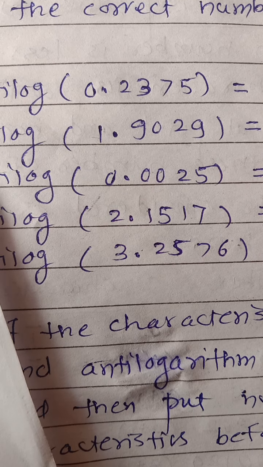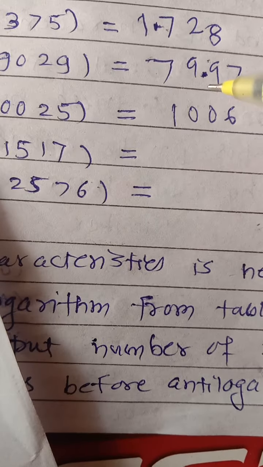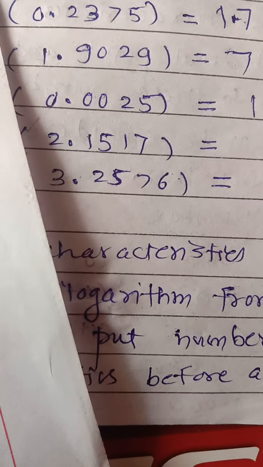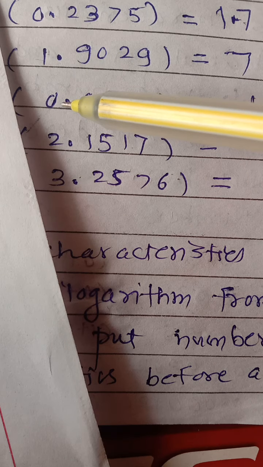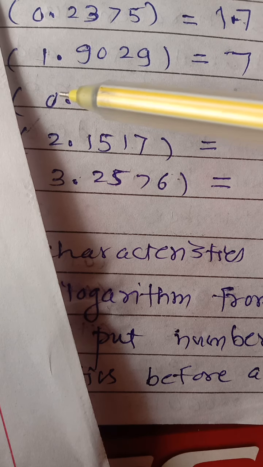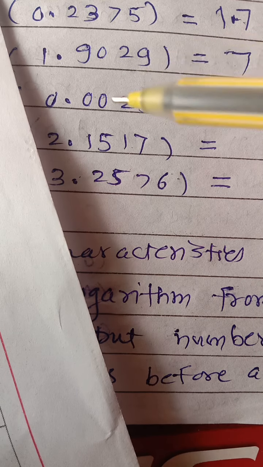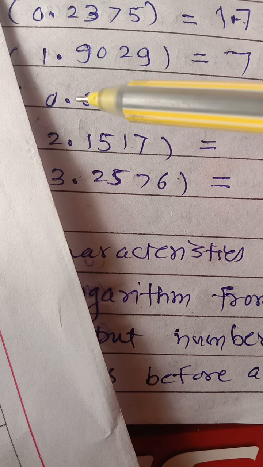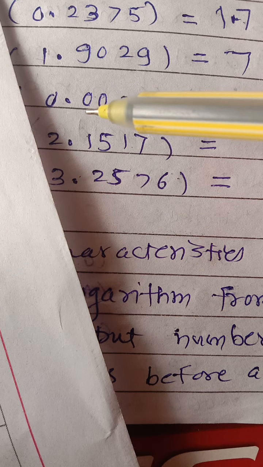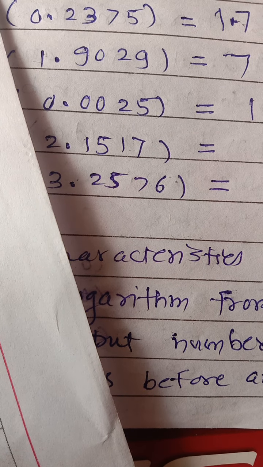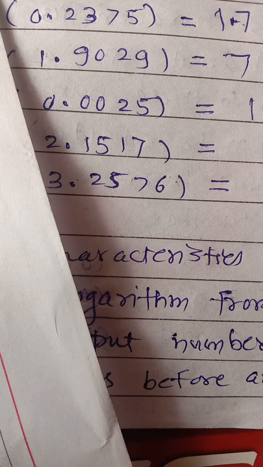Now in this case the characteristic is 0. Here the characteristic is less than 1, that is it is 0.00.